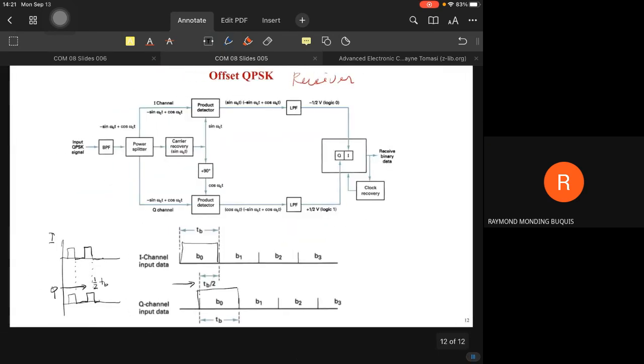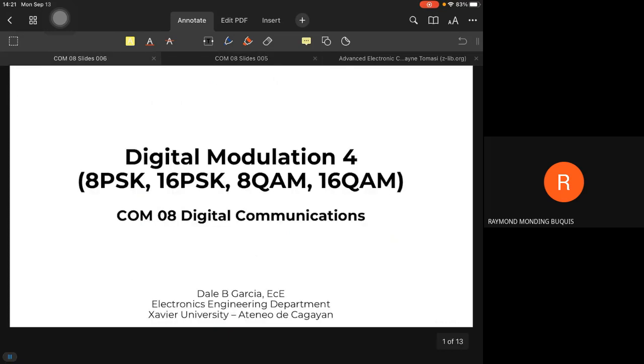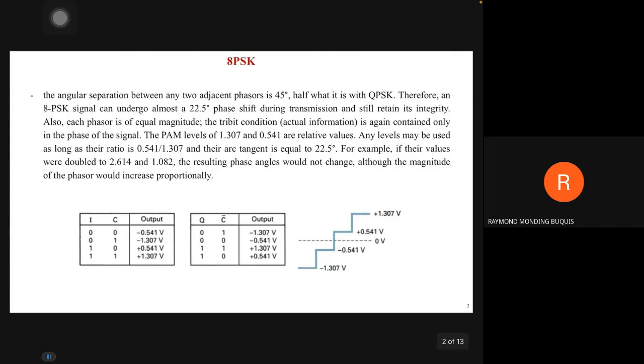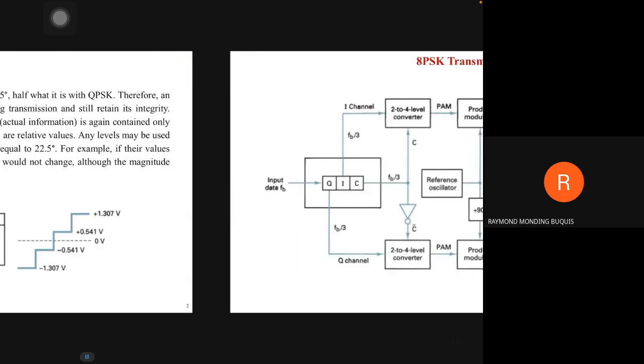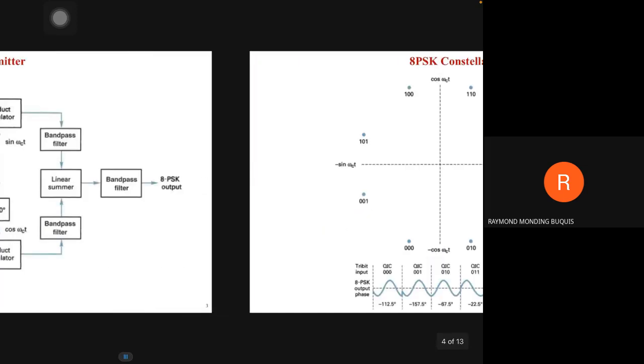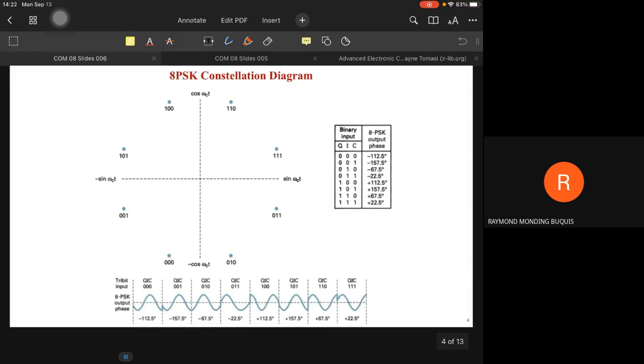Next slide. This one. This afternoon, muna itong topic, QPSK, 16 PSK, QAM, 8 QAM, and 16 QAM. So for QPSK, 8 PSK, what would happen is ingani gihapon ang output, no?